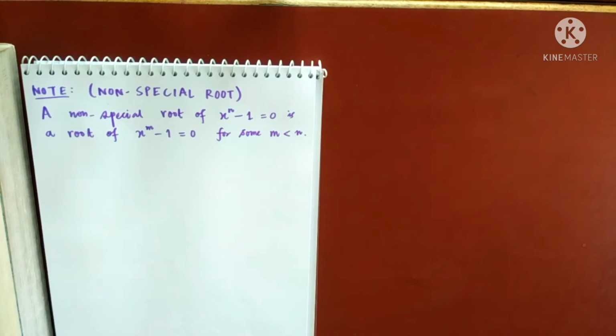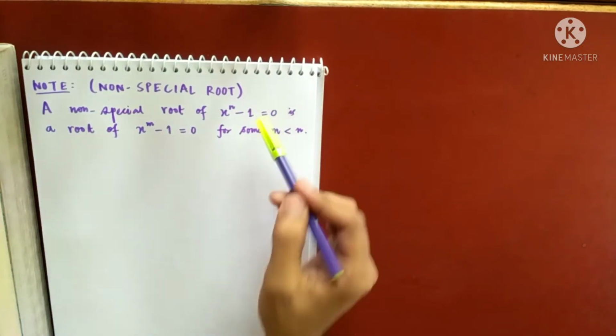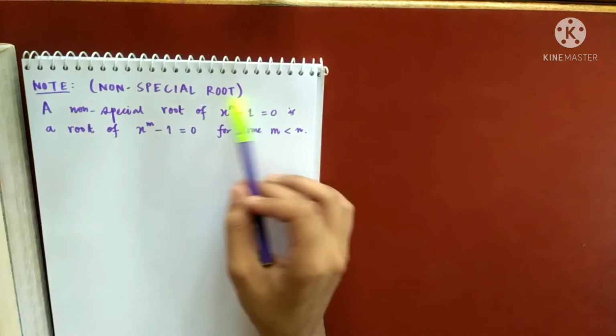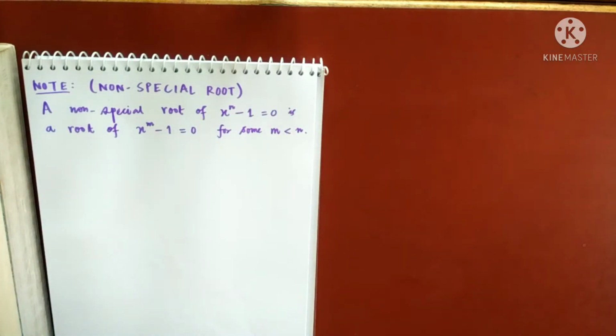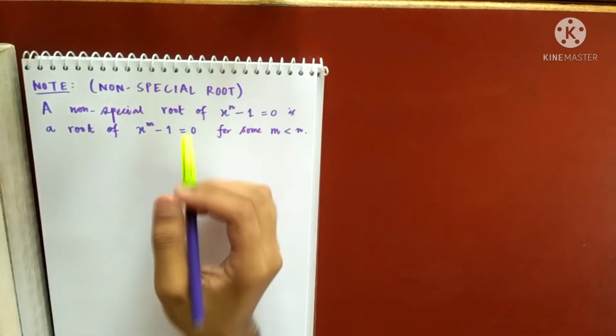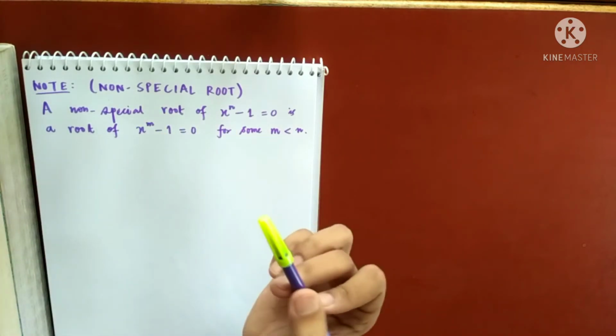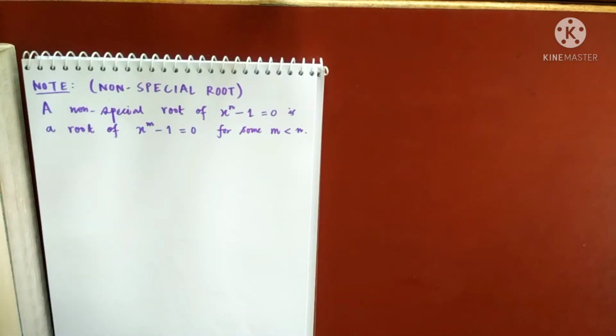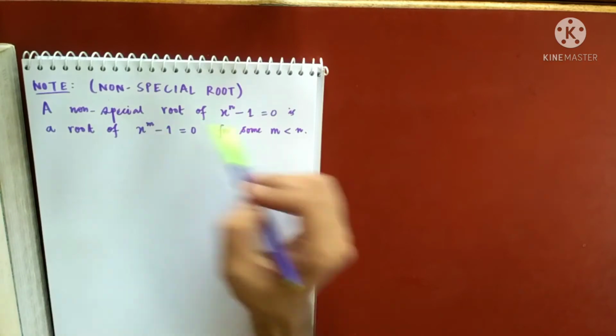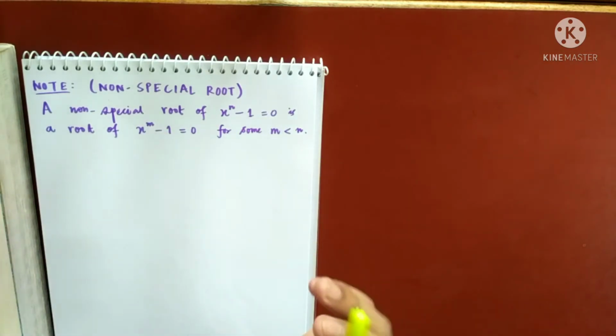So try to understand my point. This is what I have written. I want to find a non-special root of this one. By the definition of a non-special root, which is not special, it will be a root of some smaller power, right? So instead of n, I will take here m, and m can be any number less than n. That will be a non-special root.